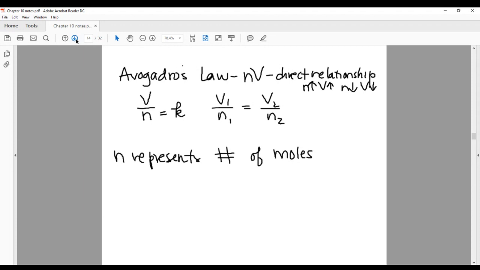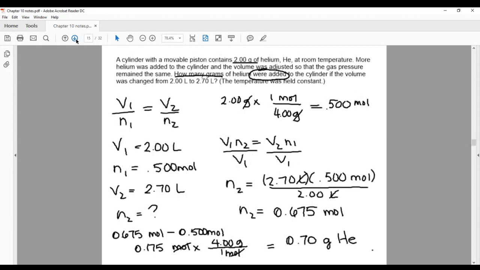So you'll see here our equation, V1 over N1 equals V2 over N2, and we're going to let N represent the number of moles. So we have a direct relationship. As we increase the number of moles, we increase the volume. If we decrease the number of moles, then we decrease the volume.